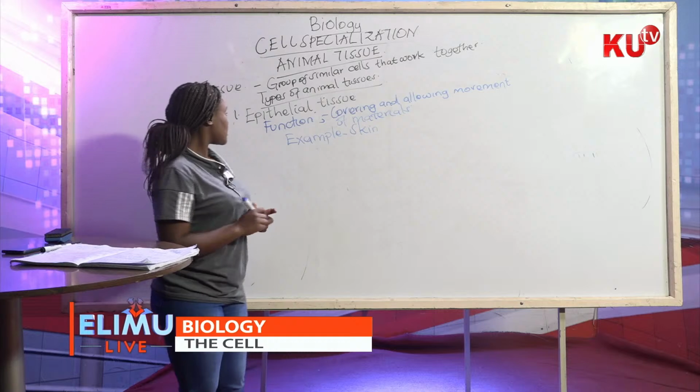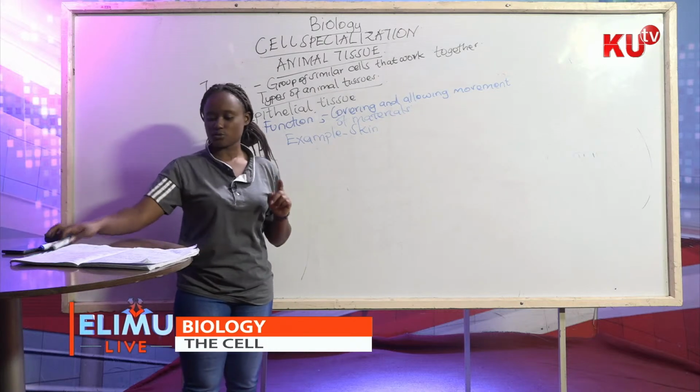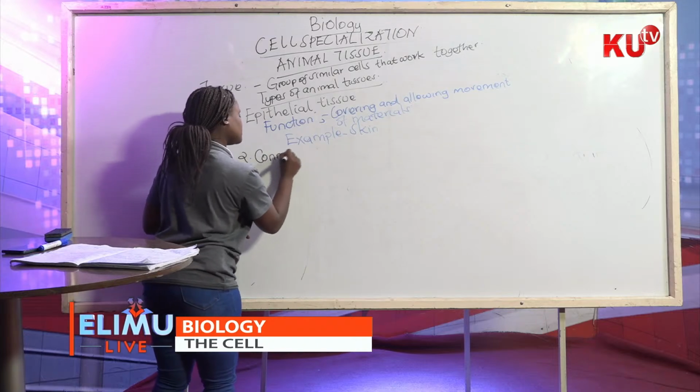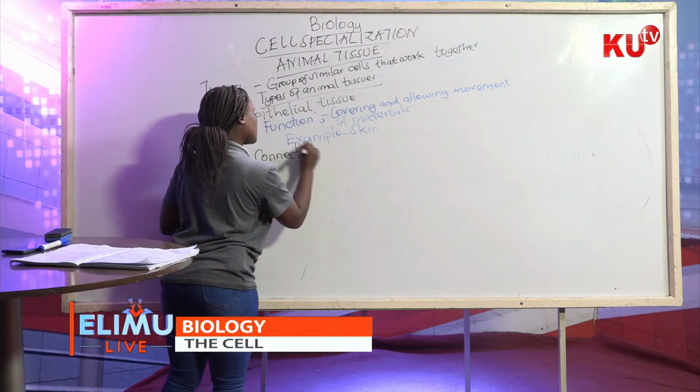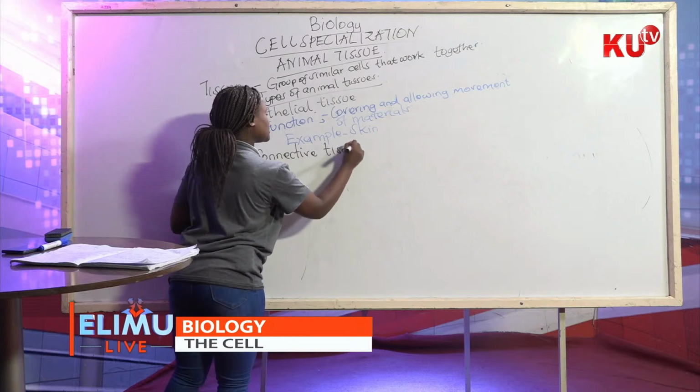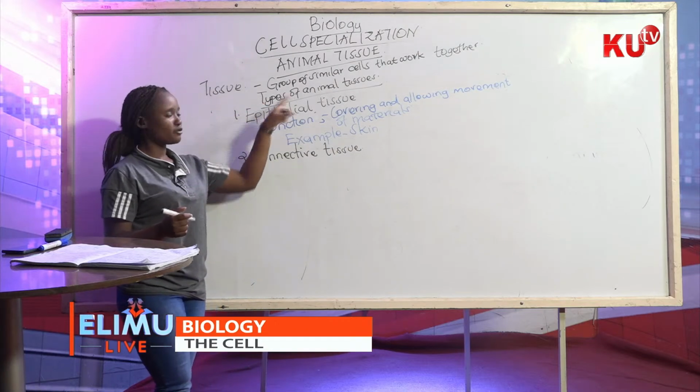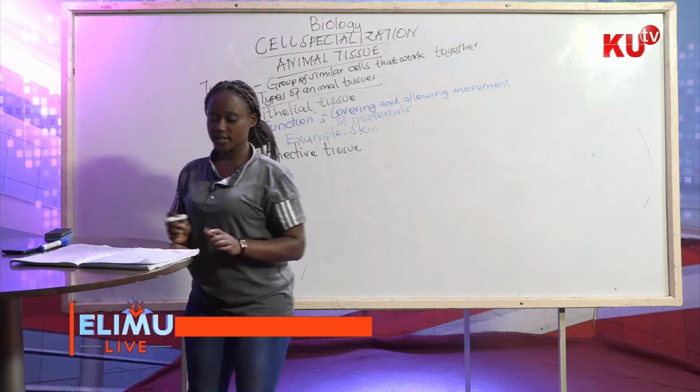Now we go to our second tissue, connective tissue. The second type of animal tissue is the connective tissue.